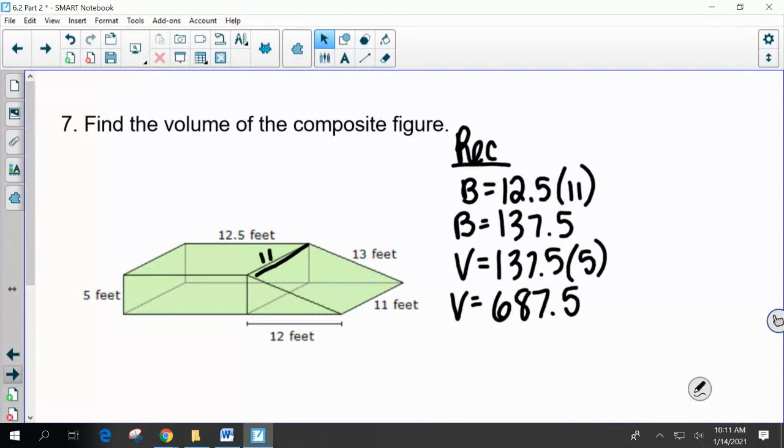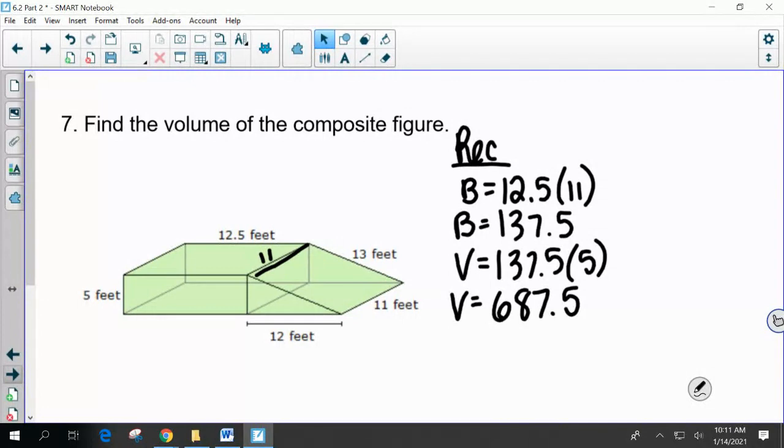All right. So now for the triangle, we're going to use 13, 11, and 12. Does anybody agree or disagree? What is 13 pointing to? I don't know. We're gonna use the 5, 12, and 11. I agree with you.